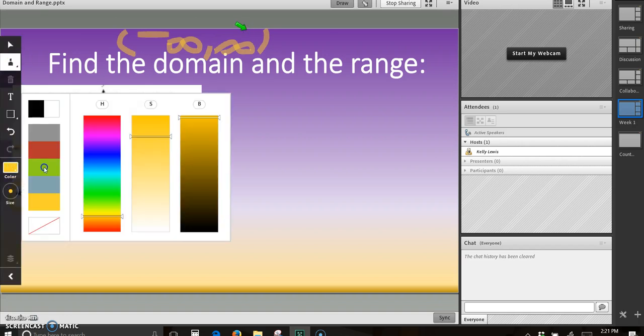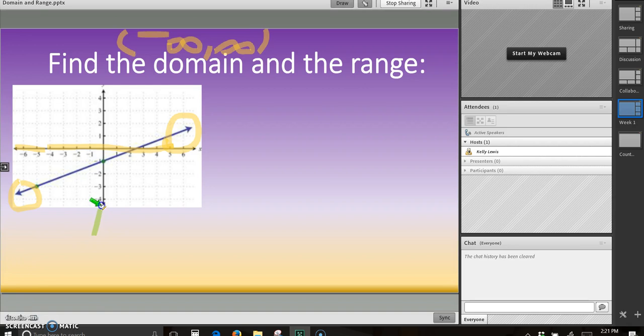Then range, we come back here. We have an arrow, so it'll be negative infinity. And as we keep going up, we hit an arrow, so it'll be positive infinity. So anytime you have an arrow, it's negative infinity or positive infinity. It just depends.